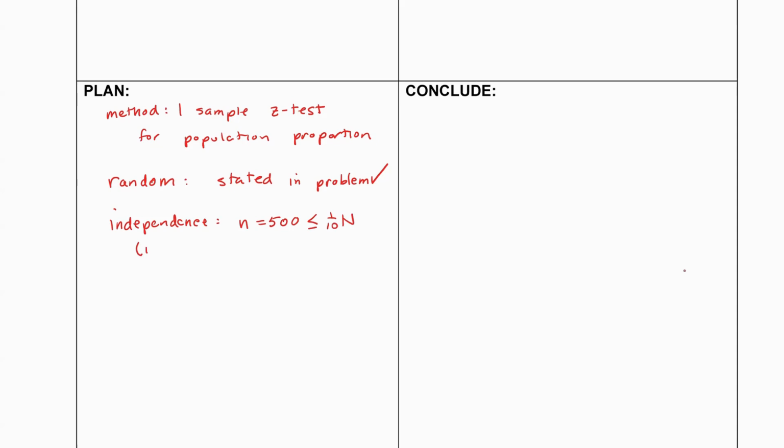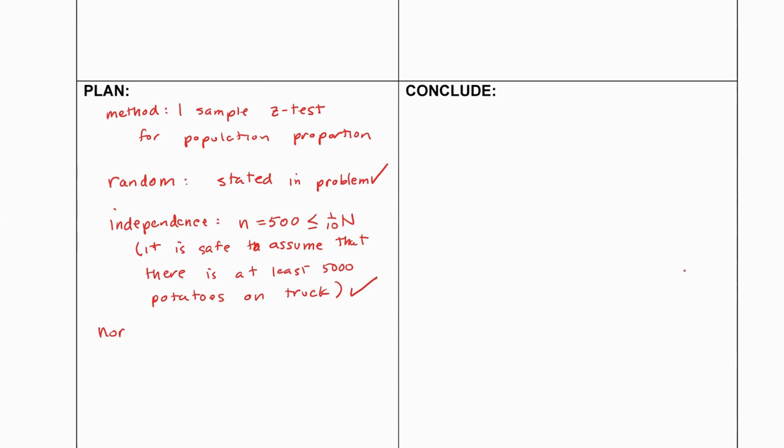And I think it is safe to assume that there is at least 5,000 potatoes on a truck. All right, so give ourselves a check mark there.